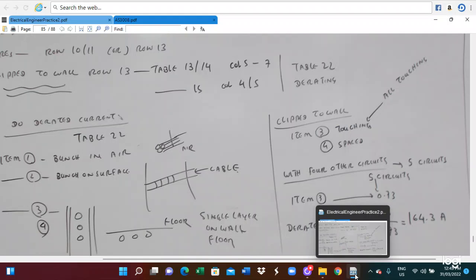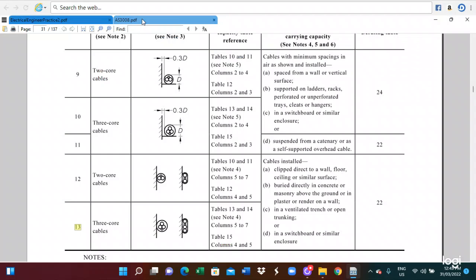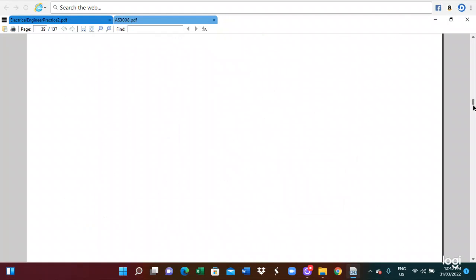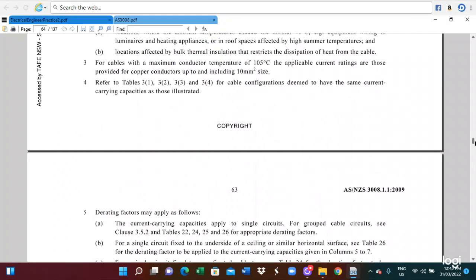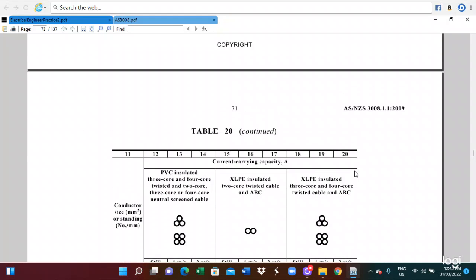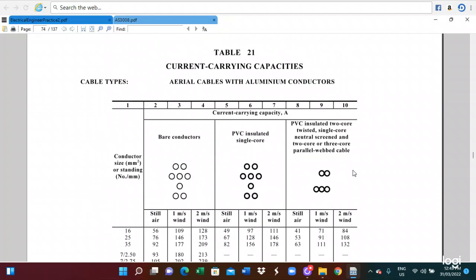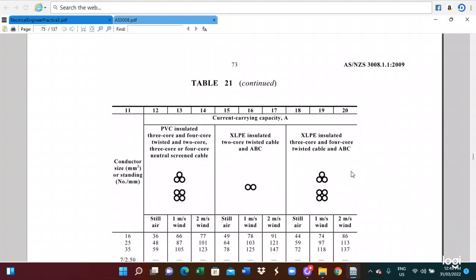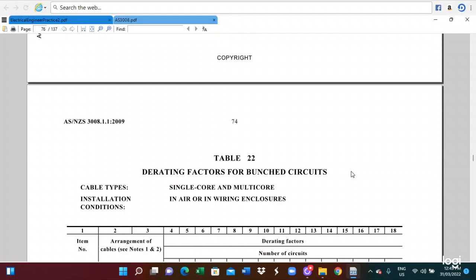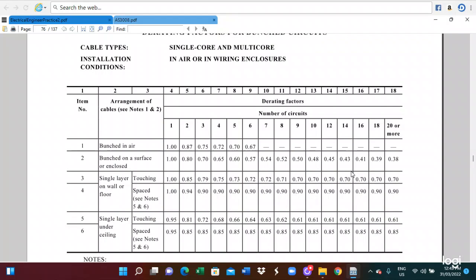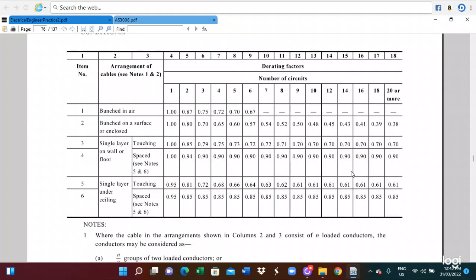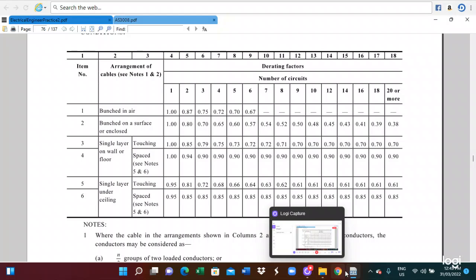So we look at table 22. This is the derating factor. From here we get the derating. All are touching. So here we see the derating table.